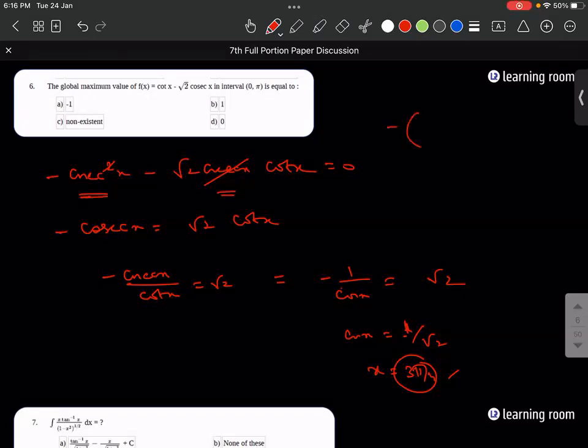Minus cosecant square x is 2. Minus root 2 into cosecant 3 pi by 4 is root 2. Into cot x at 3 pi by 4 is minus 1. So minus 2 plus 2. Answer should be 0.